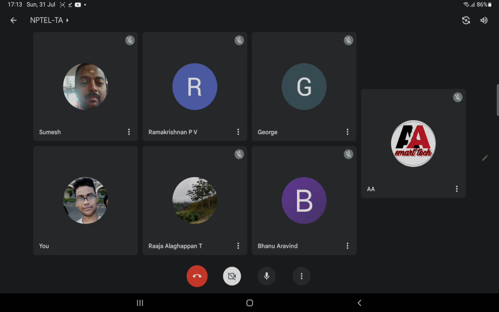Basically, one corner atom. If you see this corner atom, this corner atom is shared by 6 unit cells, and this atom, here one is in the top and one is at the bottom.